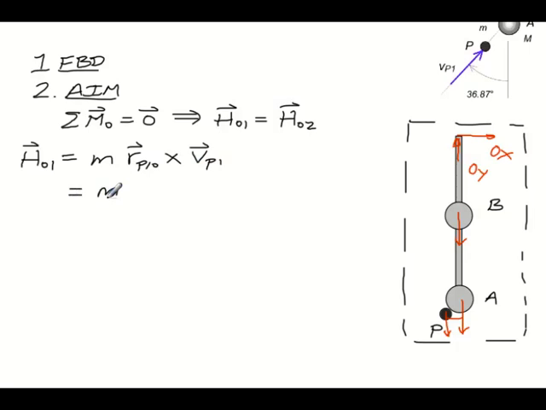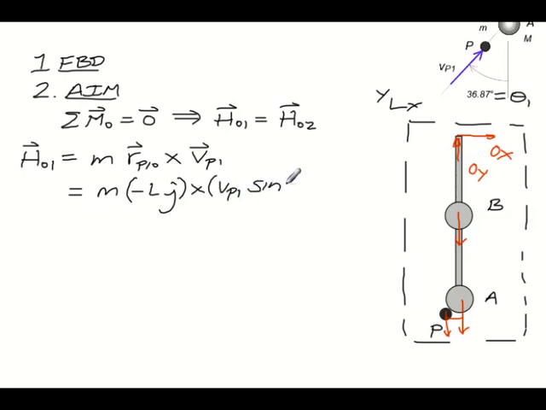So let me resolve things out in terms of X and Y. The R vector from O to P is going to be equal to a minus L J. Again, it's going from O to P. The velocity vector for P1 is going to be VP1, and let me call this angle theta 1 so I don't have to write down a number.